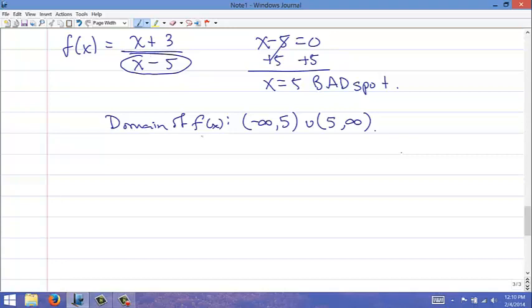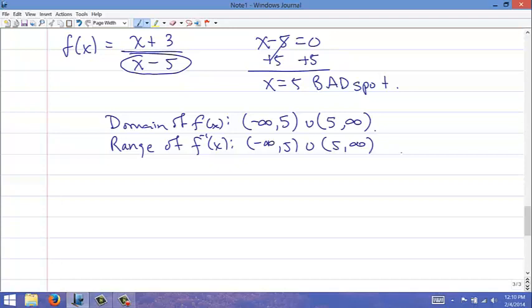Because now that we know the domain of f of x, we also get for free the range of f inverse of x, because remember, these are related. So I know the range is also going to go from negative infinity to 5, union 5 to infinity.